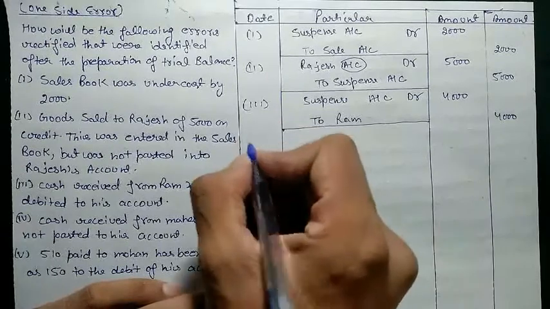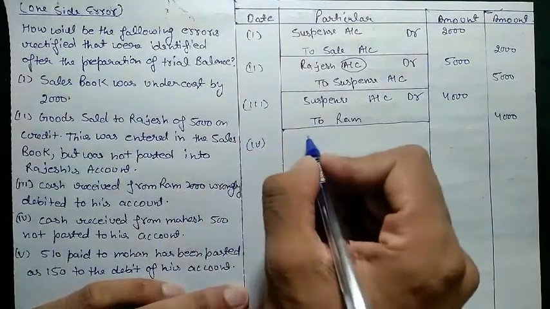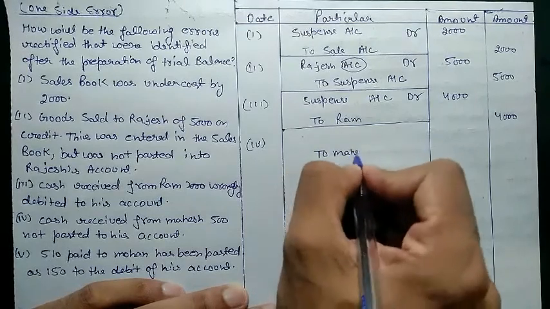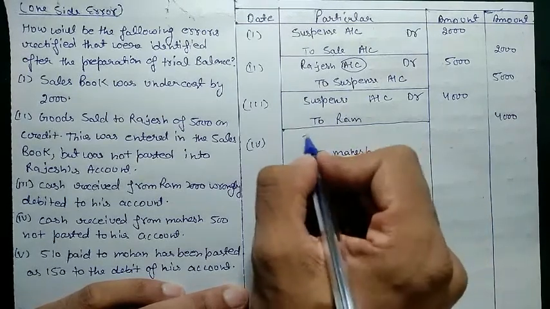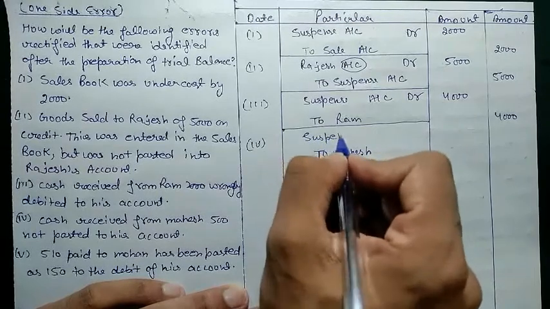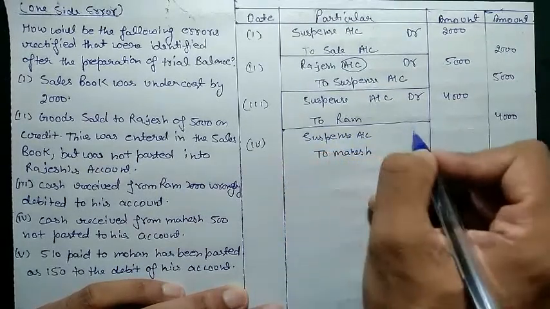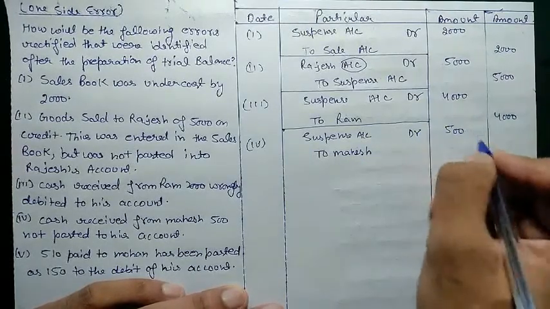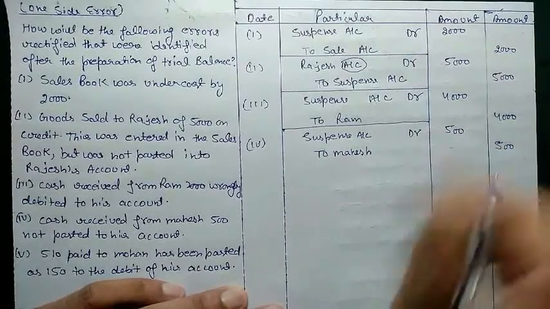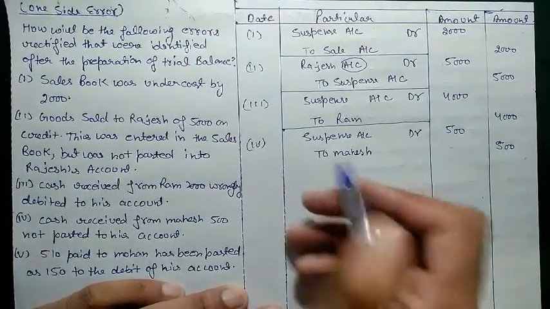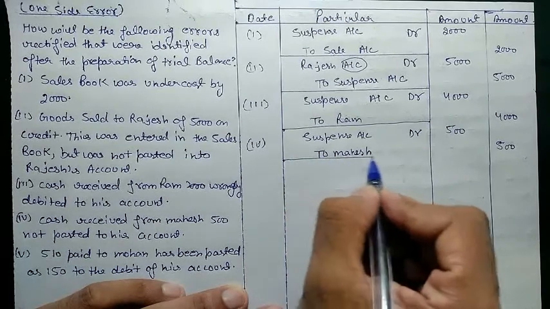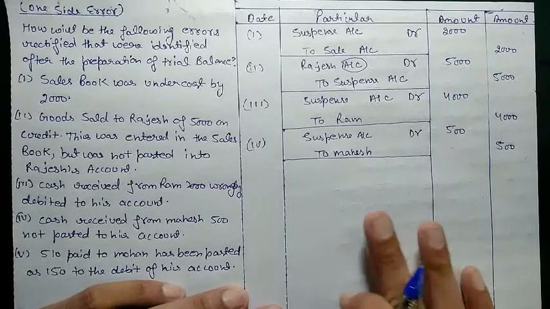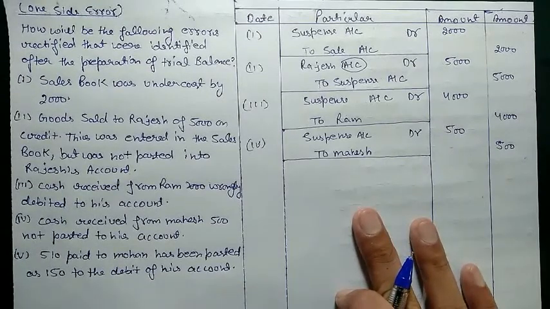So the entry we will post in the Mahesh account: earlier the entry was cash account debit to Mahesh, but for cash we will now take suspense, because in the cash account we have correctly posted that entry. Suspense account debit to Mahesh by 500. You can call this partial omission also, in which you posted in one account correctly, but forgot to post the entry in the other account.